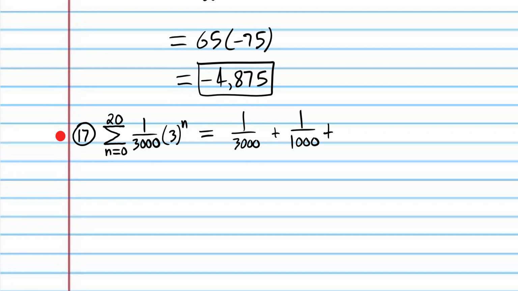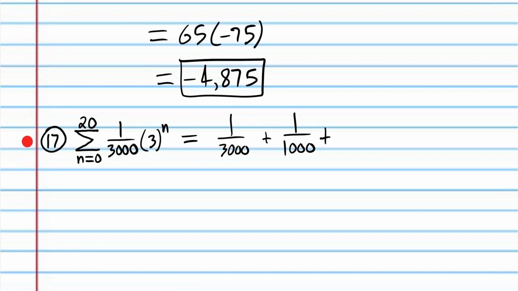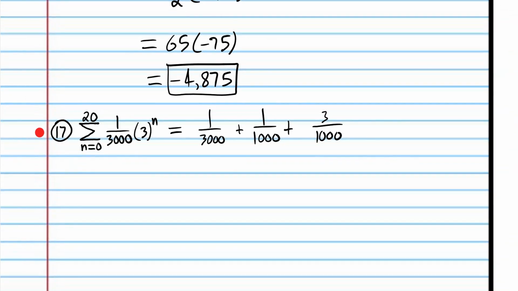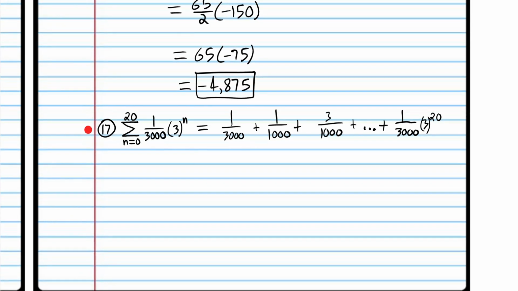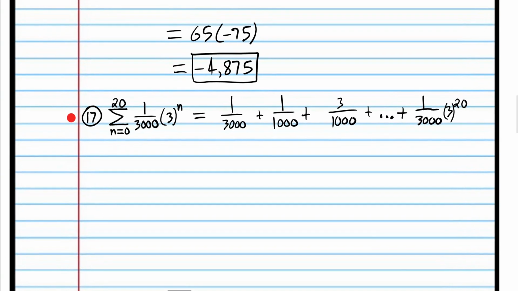Then we get 9 over 3,000, and that's going to reduce to 3 over 1,000, and so on and so forth. The last term is going to be 1 over 1,000 times 3 to the 20th. So 1 over 3,000 times 3 to the 20th is the last term.